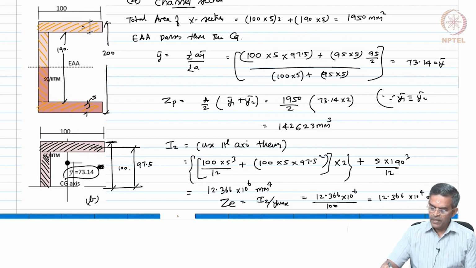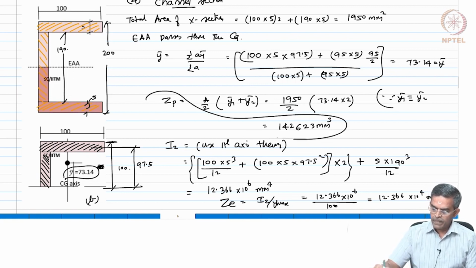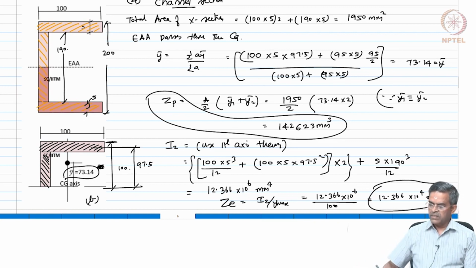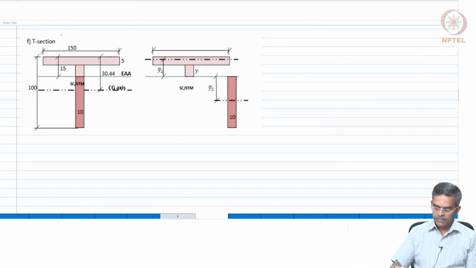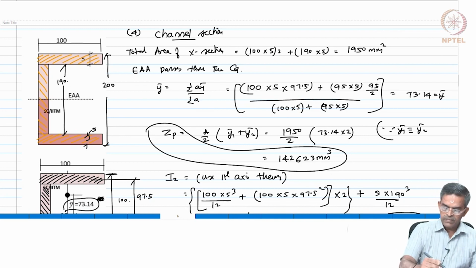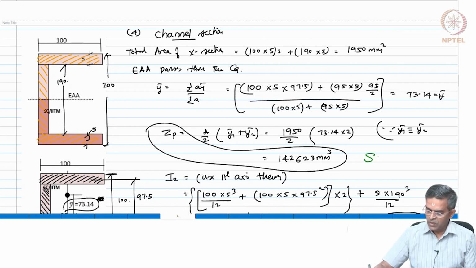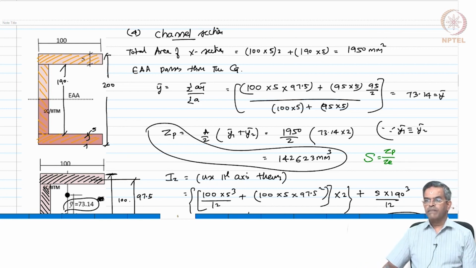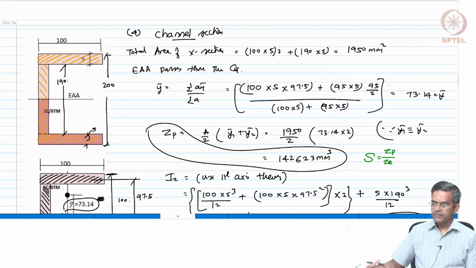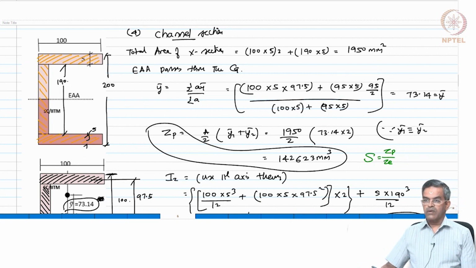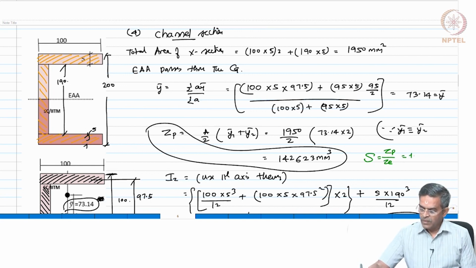So, I have ZP, I have ZE. Can I quickly find the shape factor? The shape factor will be equal to ZP by ZE, which will be, can work it out, 1.153.